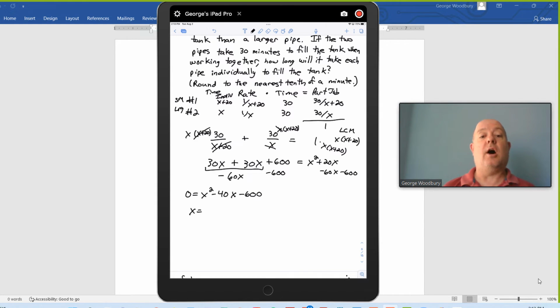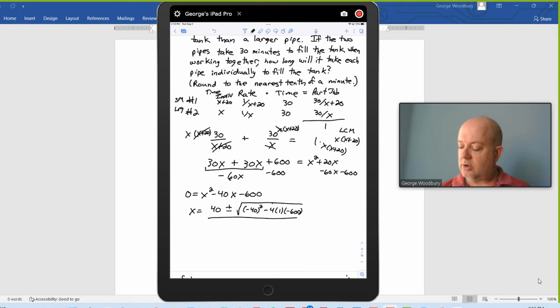X equals the opposite of b, that's the opposite of negative 40, or 40, plus or minus square root of b squared, so negative 40 to the second power, minus 4ac, minus 4 times 1 times negative 600. And that's all going to go over 2 times 1.